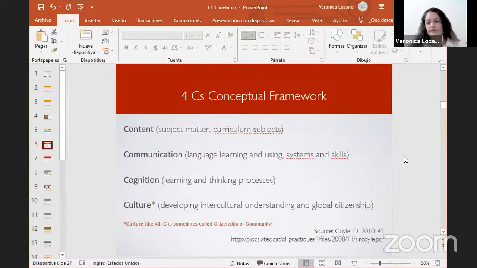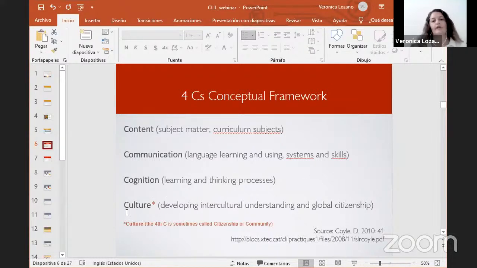Content, of course, if you're teaching maths or science or civics or whatever, that would be your first ingredient. Then communication, and this is our regular language lesson: your grammar, your vocabulary, your skills, reading, writing, speaking, etc. Everything that we know in the ELT world.